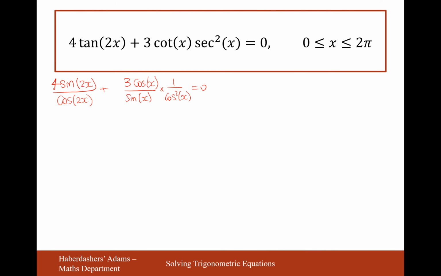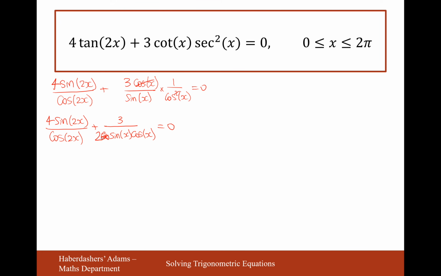Now simplifying this, it's going to cancel out the cos on the top and the bottom of this one. So I'm going to get 4 sine 2x over cos 2x, and then plus 3 over sine x cos x. And looking at the denominator of the right-hand fraction and thinking, is this nearly a double angle formula?